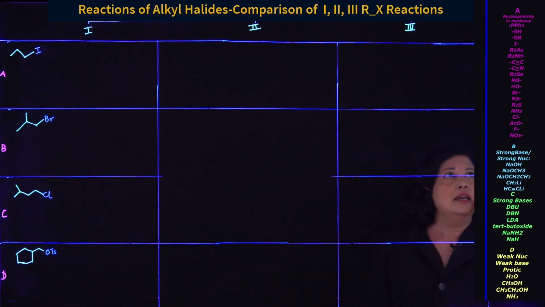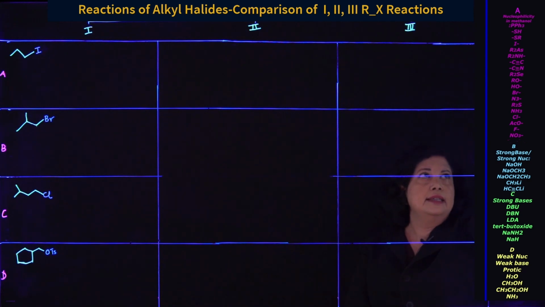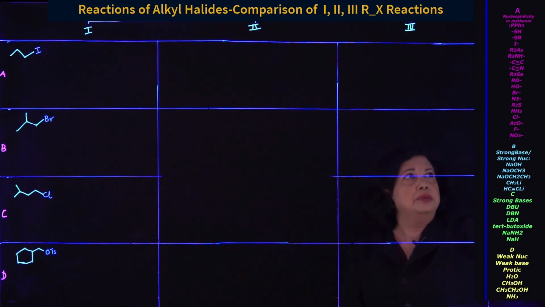All right, so let's look at some of these strong nucleophiles. You can see SH minus, SR minus, I minus, amides, then triple bonded carbons, cyanides, acetylides, hydroxyls, and then alkoxy groups, RO minus like methoxy, ethoxy. Then you get to the weaker or medium nucleophiles like bromides, ammonia, SR2s, and so on.